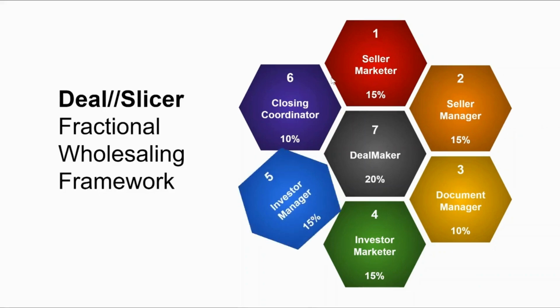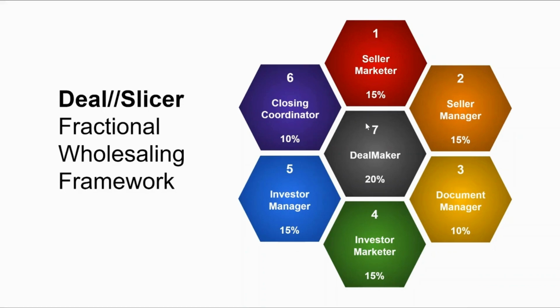And we're specifically going to be talking about this investor manager role. It's the 5th role in the sequence out of 7. And if you've been progressing through this in order, then you just came from the investor marketer. And next, we're going to be talking about closing coordinator. But for these next 4 training sessions, we're going to talk about investor manager.